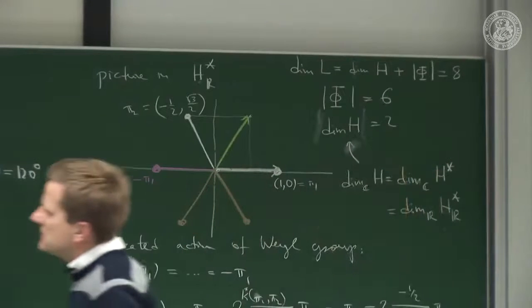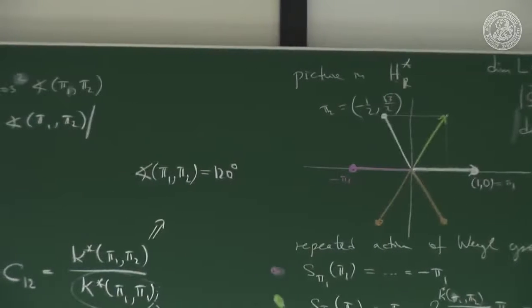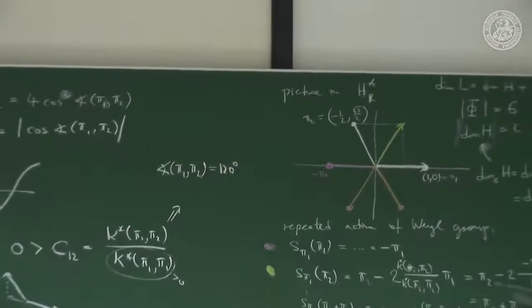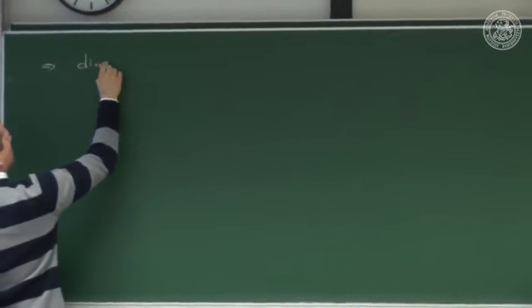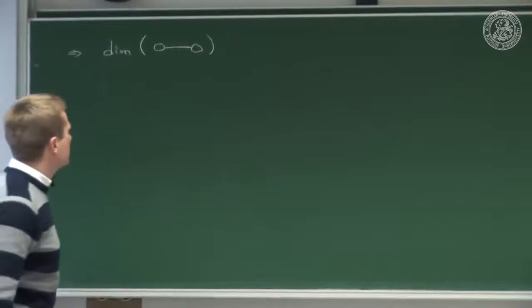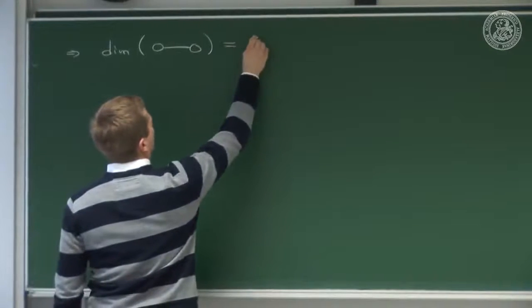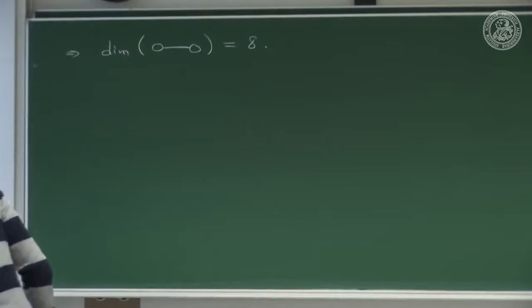So we already found that the dimension of this Lie algebra is 8. So from this it follows that the dimension of whatever Lie algebra is represented by this Dynkin diagram is 8. Okay, and we constructed the entire root space.